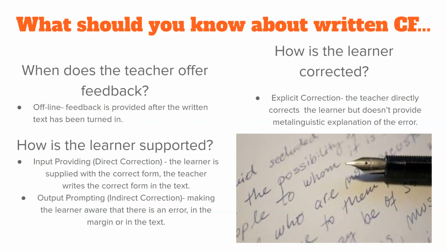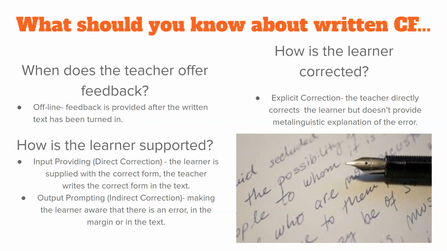Input providing would be the student being provided a correct form. So we've all turned in papers and it has red marks all over it. There was an error, the teacher fixed the error, and you can see how they fixed it. Okay? Output providing would be the teacher making it known that there was an error, but not fixing it.